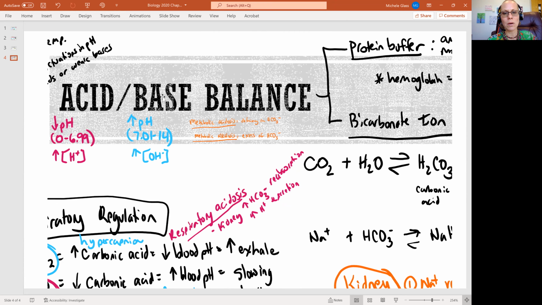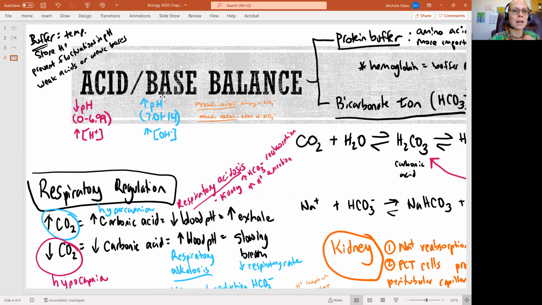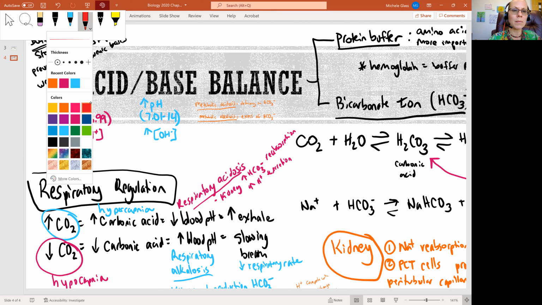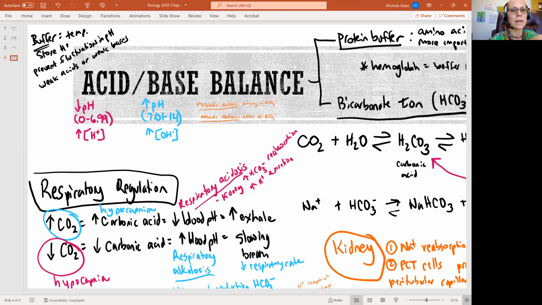The last little thing I want to mention, this is something that has been part of our departmental final exams in the past, so please pay attention. When we talk about our pH balance and we're looking at the normal blood pH, we've said already in the cardiovascular system, it has a range of 7.35 to 7.45.